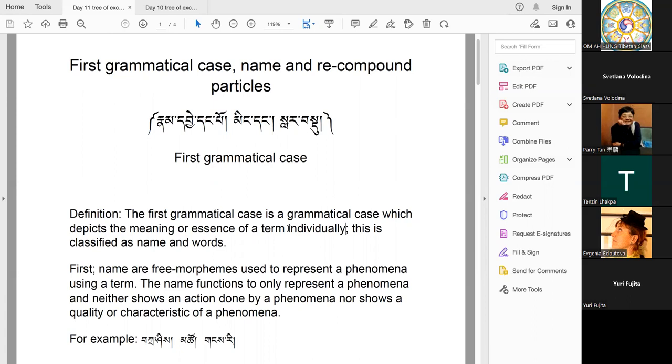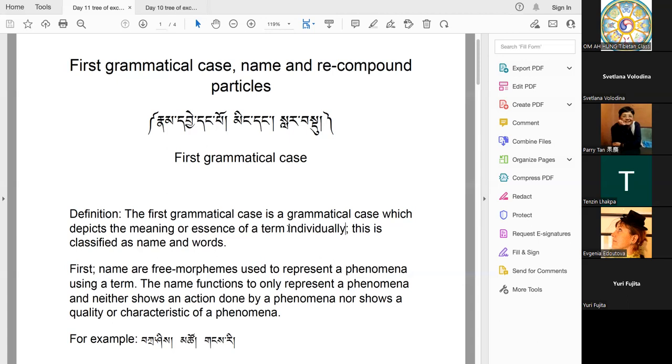Here we see the essence of an individual, and I have given the name of a phenomena that's an object. But when we talk about words, we're talking not only about objects, we also talk about actions. We talk about characteristics. So these are also to be considered here.